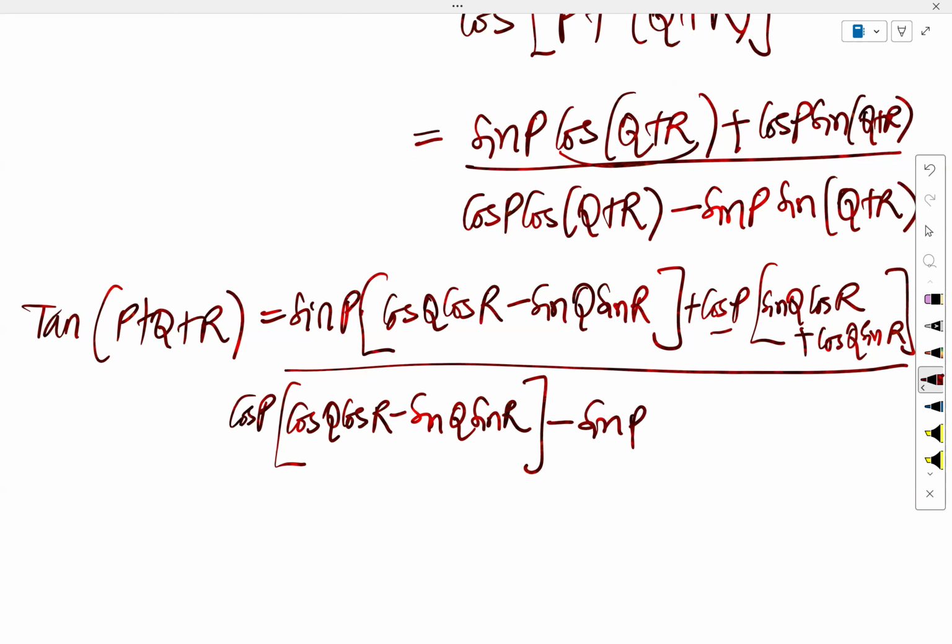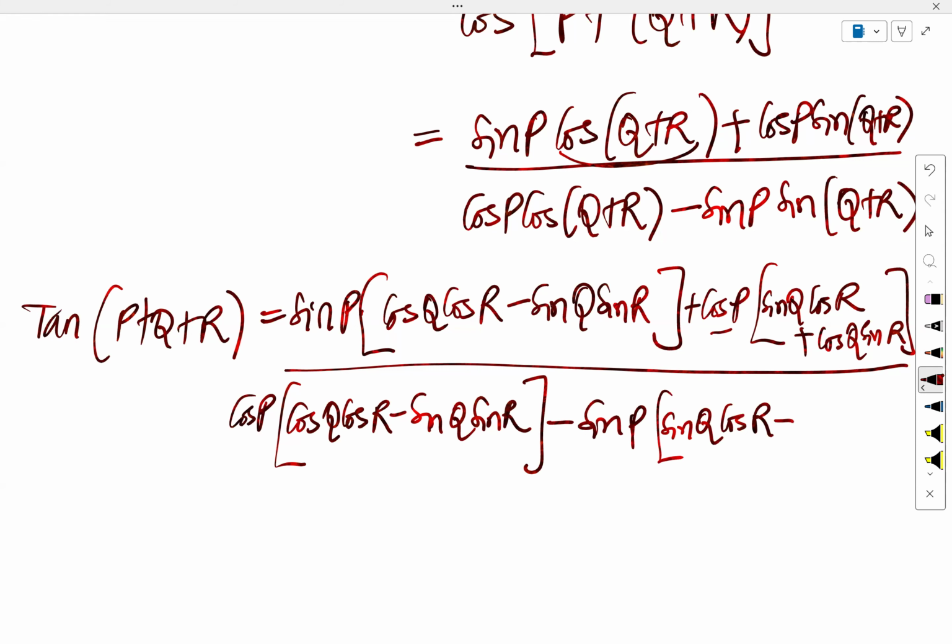That should be sine Q cos R, and minus minus, so this is plus, right? So sine Q cos R plus cos Q sine R.